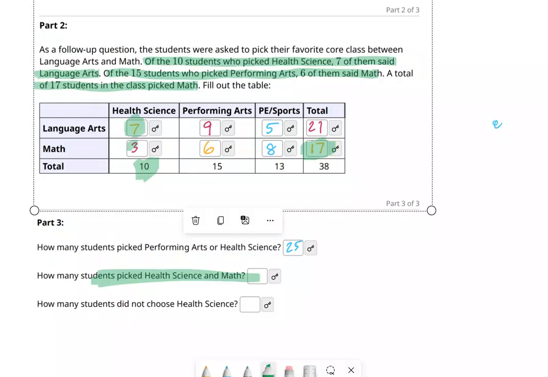These guys, 7 plus 3, and also these ones over here. Okay, so the numbers that I've highlighted, those are the ones that I'm adding together. That's going to be 7 plus 3, that's 10 students, plus 6 plus 8, so that's another 14. So this is going to be 24 students total. Got to be a little careful how you add these things so you don't double count. I'll leave that last one for you to do on your own.